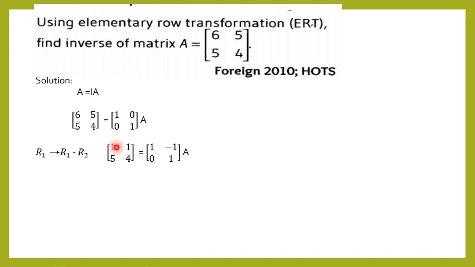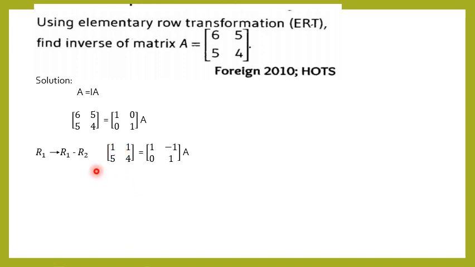Now, minus 5 plus 5 becomes 0. So, we multiply the first row with the additive inverse and add it to this row. In almost all cases, we will use this rule.